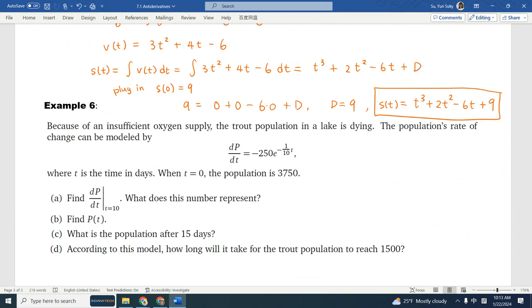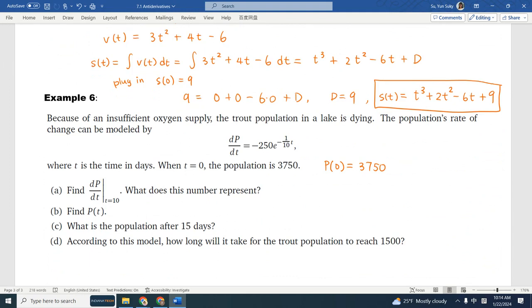So when t equals 0, the population is 3,750. So this is the initial population, right? So we have population function P. This means P of 0 is 3,750. Find the rate when t equals 10. What does this number represent?